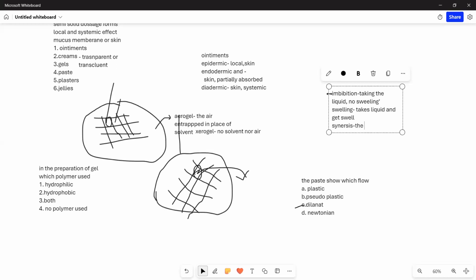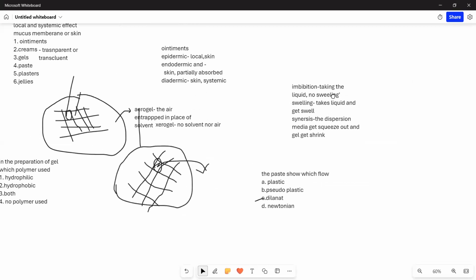So the dispersion media gets squeezed out. Yeah, yeah, yeah. Great, great, Shiva. It gets squeezed out, and the gel shrinks. So I think these three terminologies have become clear to you guys.